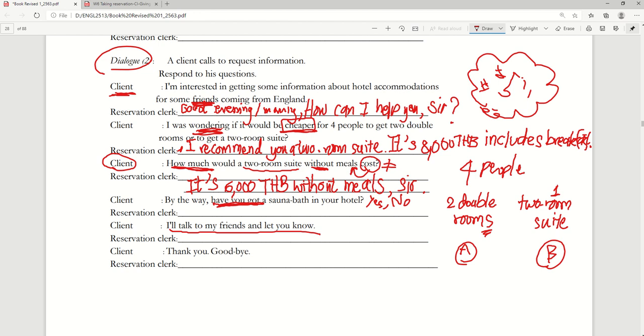Yes, we have sauna bath and also massage services in our hotel.